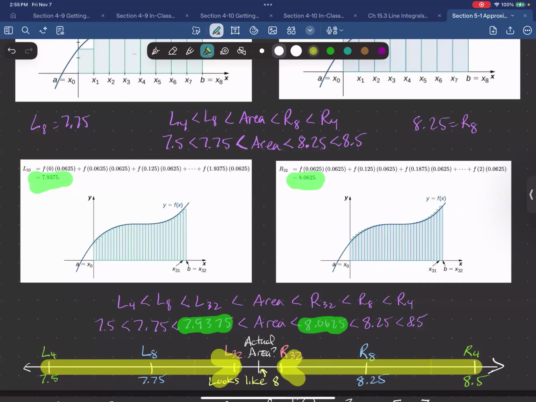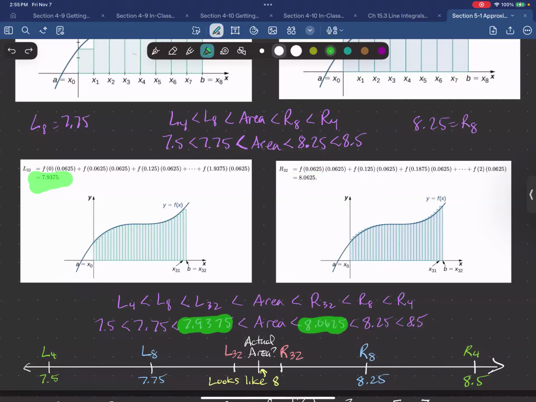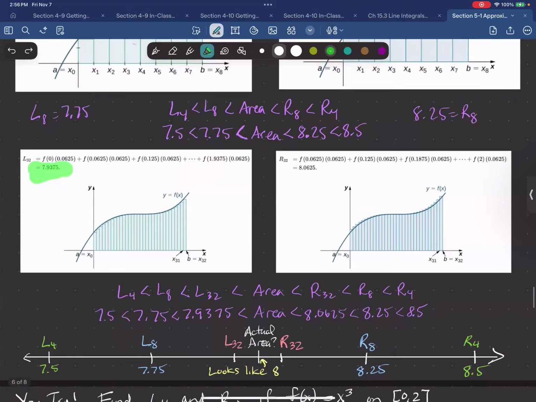So if we did n equals 64, it might squeeze in even further. We're getting closer and closer to the actual area. It looks like it might be 8. We'll see later on how we get it, and it probably is 8.